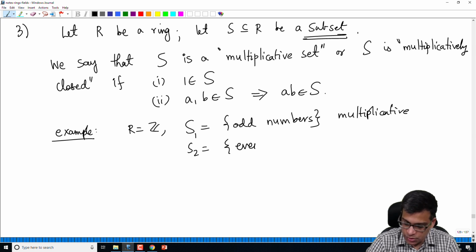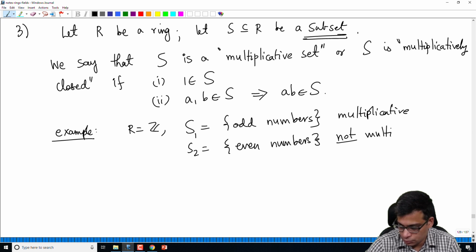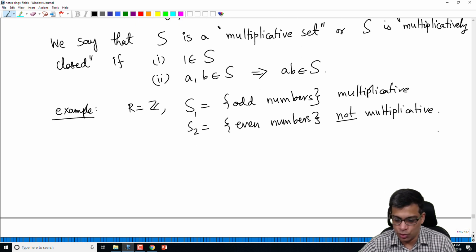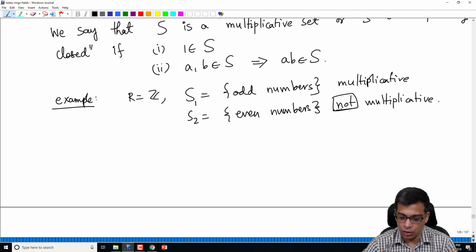S2, even numbers, this is not multiplicative, because even though the product condition holds, two even numbers multiply to an even number, but 1 is not there. So that's an important condition for us. So it's not multiplicative.